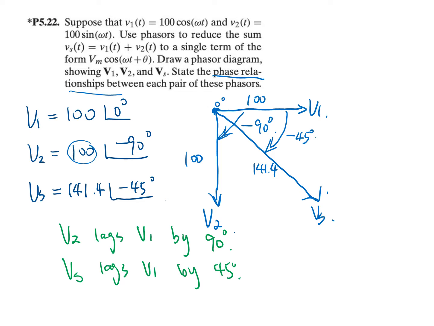If Vs with V2 has an angle of 45 degrees, we can also say that Vs leads V2 by 45 degrees. So that's the relationship between V1, V2, and Vs.